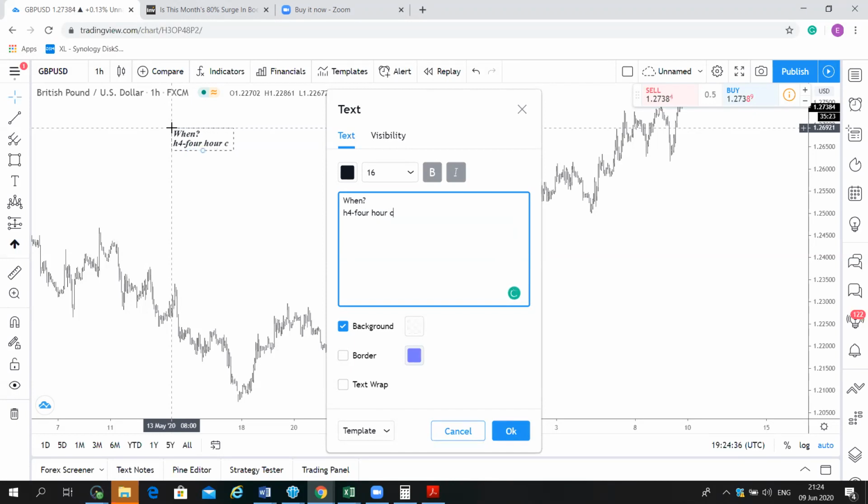I'm just going to write it. Look at the 4-hour candle, how it forms. Then look at your H1, look at your M30, look at your M15. Try to find corroborative evidence.